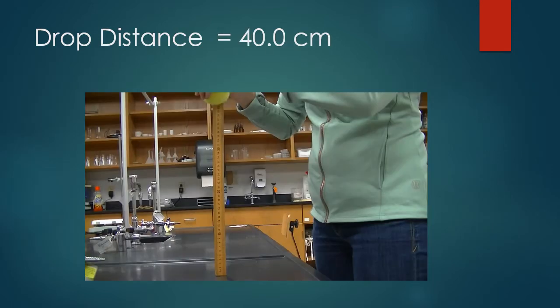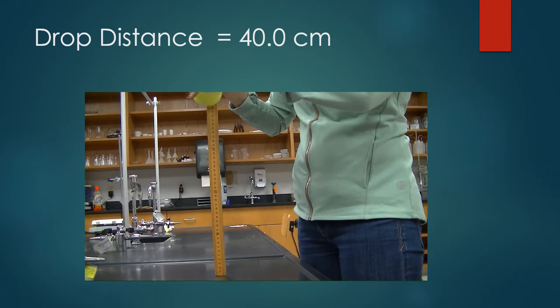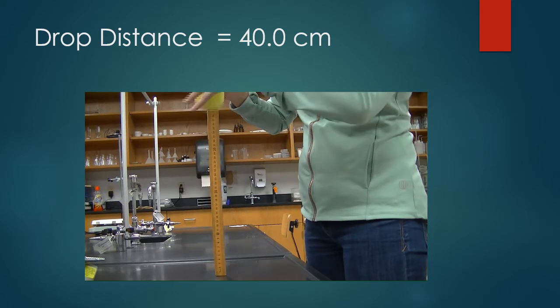Next, we're going to look at the bounce distance if we dropped the tennis ball from the 40 centimeter mark. So you're going to record this in the second row of data table 1. Now that first bounce kind of went far off, so it's hard to see where it bounced. The next one kind of went in a straight line, so it's a little bit easier.